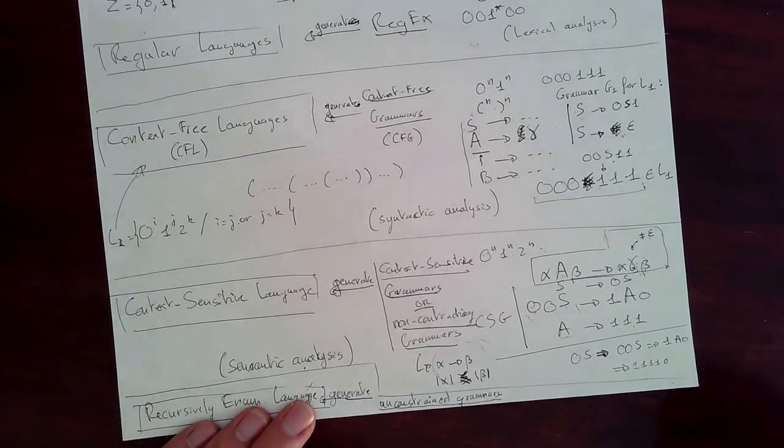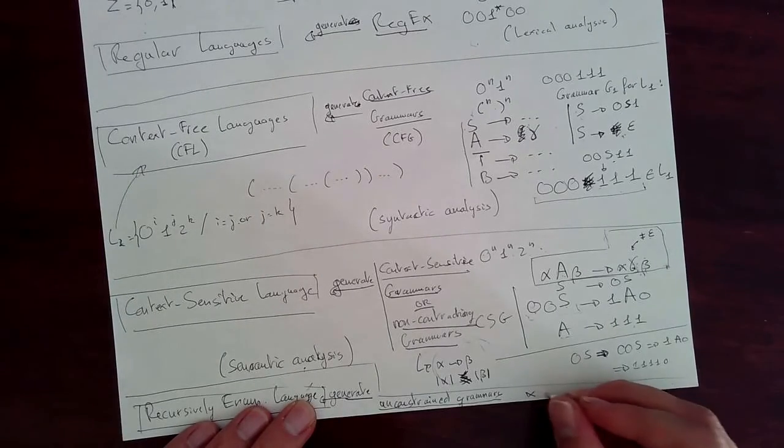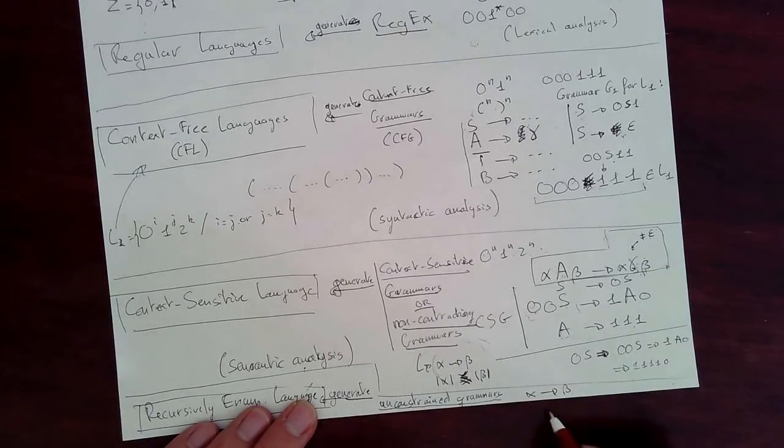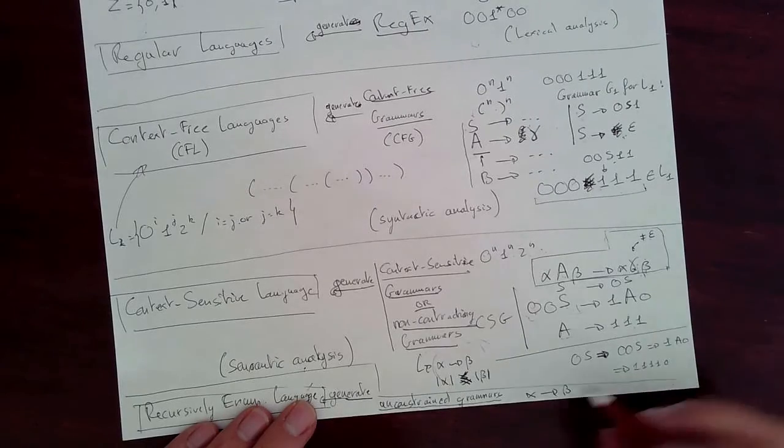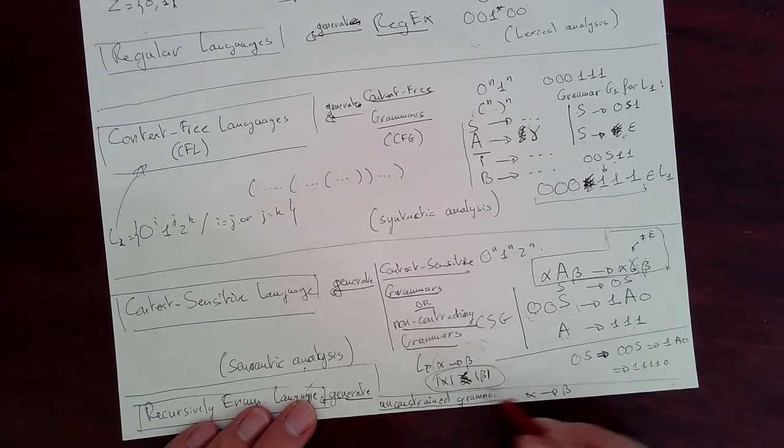Unconstrained grammars, super easy. It's any alpha arrow beta. So the last constraint we had, saying alpha needs to be smaller or equal to beta, we just get rid of this constraint. That's why we call it unconstrained grammar. Any rule.